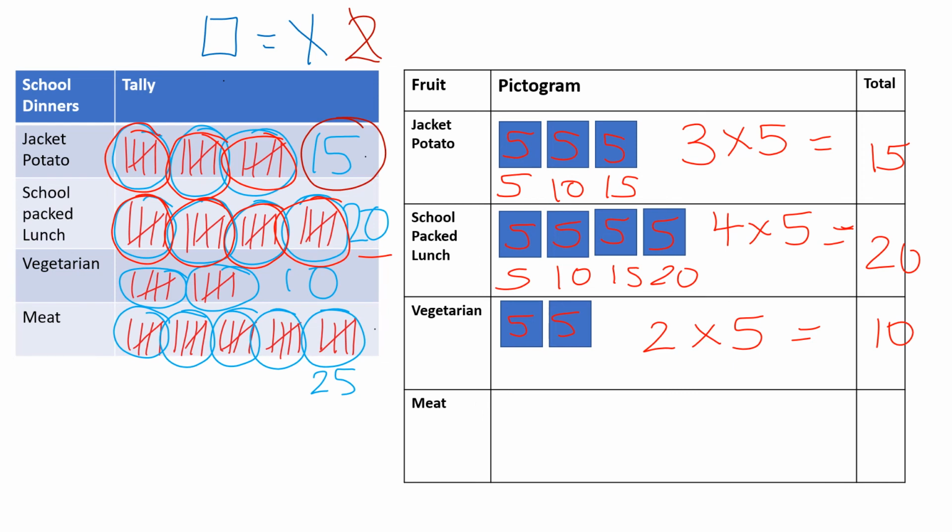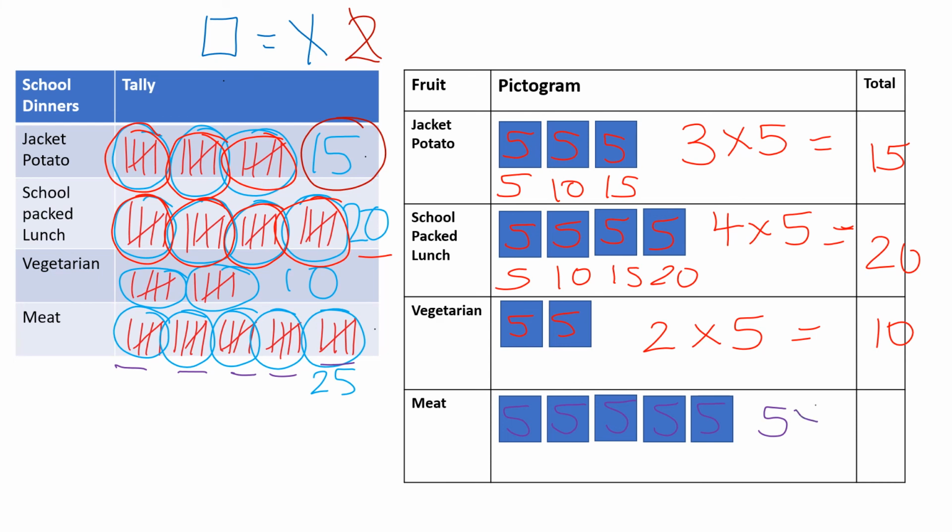Okay, and the final one, meat. 5, 10, 15, 20, 25. So let's see. 5, 5, 5, 5, 5. 1, 2, 3, 4, 5. We think we've got 5 squares times 5 in each. Let's see if it does make 25. 5, 10, 15, 20, 25.